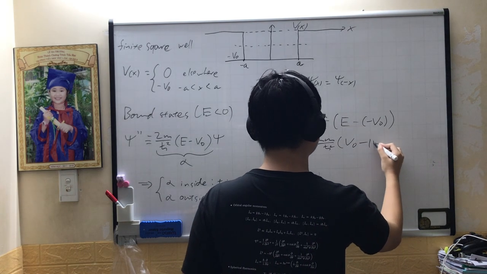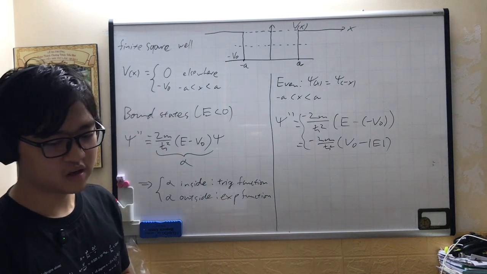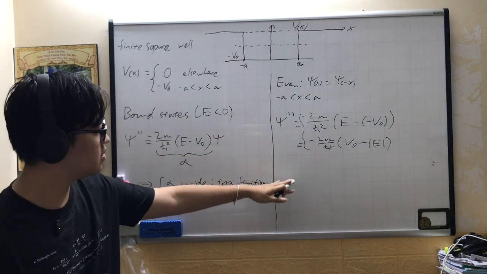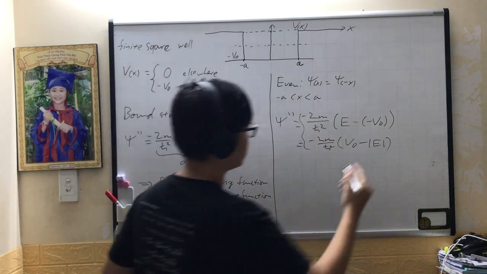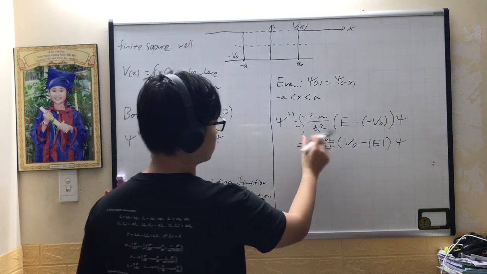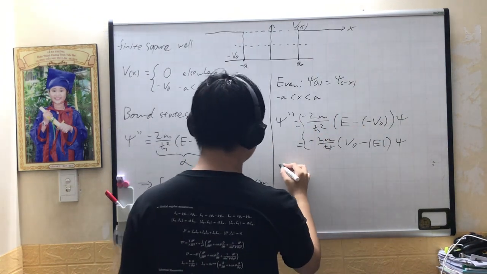And here, when you have this, your k, which is either this or this, would be greater than 0.